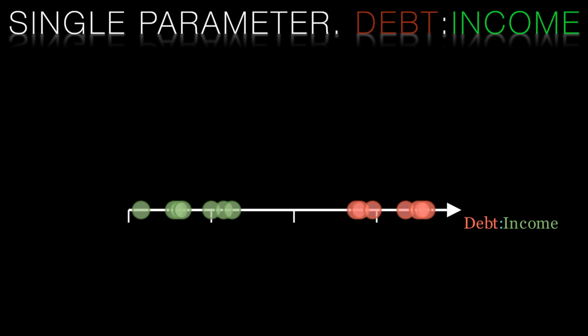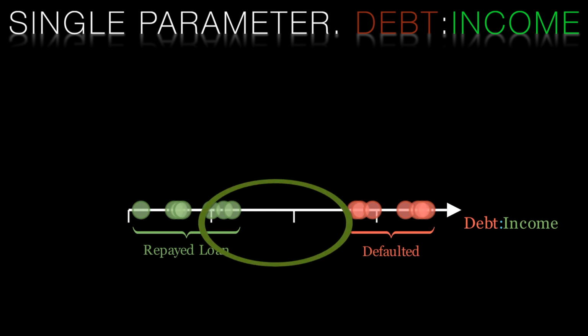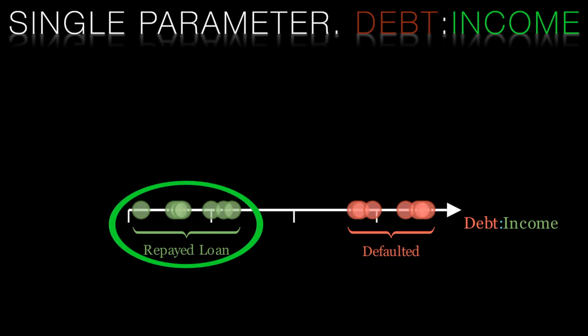Here we have some training examples of loans that defaulted and loans that were repaid on our one-dimensional debt-to-income ratio line. As you'd expect in this sample, the loans that were large relative to the borrower's income defaulted, while the lower debt-to-income ratio loans were all paid back.